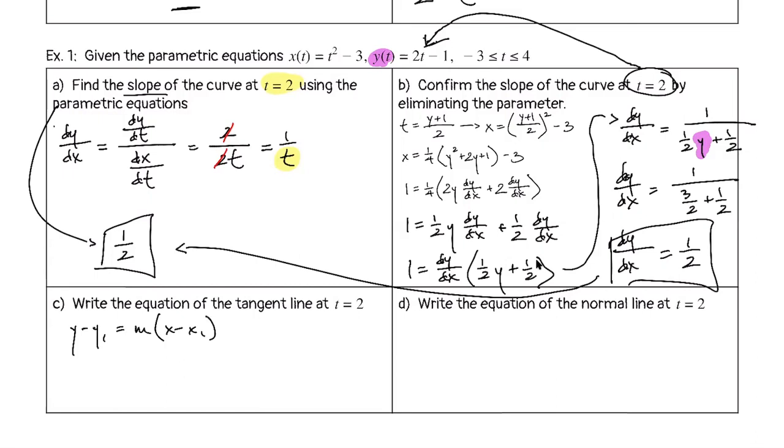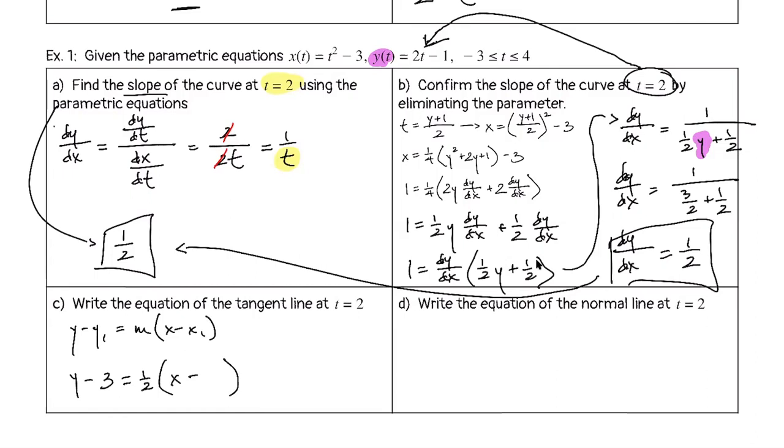And so we need to know our slope, which we do. We already have our slope of 1/2. And then we need to figure out what point (x, y) corresponds to t equals 2. And so we already know that when we plug in 2 into the equation for y, we get 3. So I can go ahead and put a minus 3 in for the y.